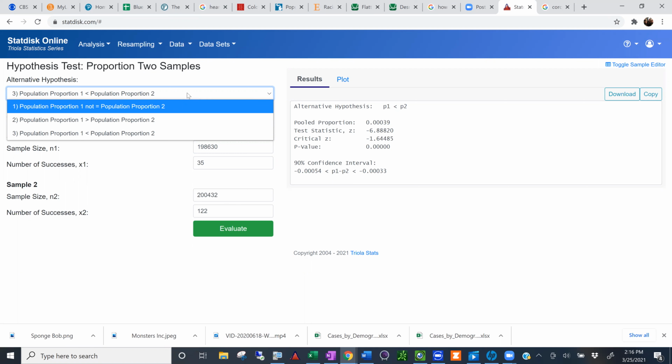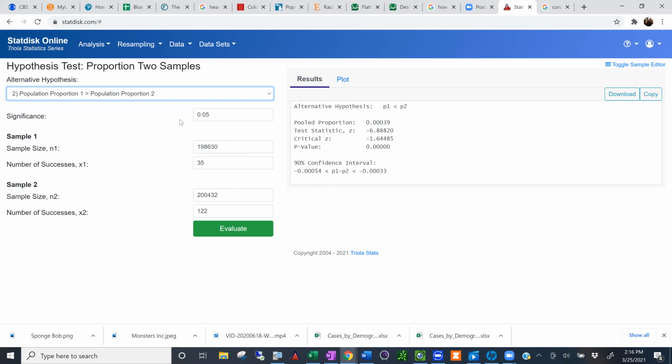The 1, 2, or second 3? Second one, good. Now for the sample size, that was 219, of which 144 were successes or leaked. And then 219 again, this time only 33 leaked.